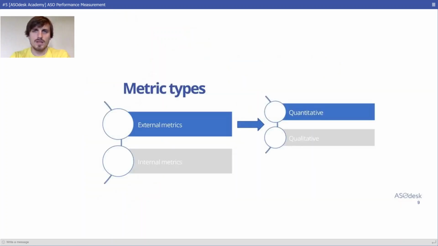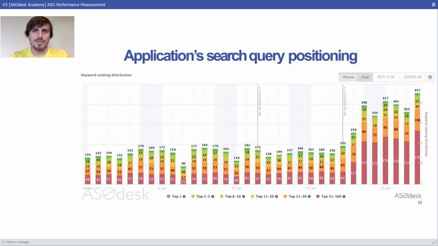So let's talk a few words about the quantitative external metrics. Here we're talking basically about keyword ranking distribution. This is a number of keywords and our positions by these keywords.